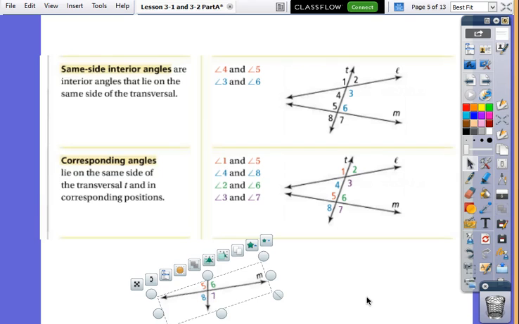There's actually a relationship between angle 4 and 6 we're going to get to in a second. So we've got same side interior, on the same side of the transversal in between the two non-transversal lines. We've got corresponding, the same relative position with one line as you are in the other line. Could angle 5 and angle 8 ever be corresponding?